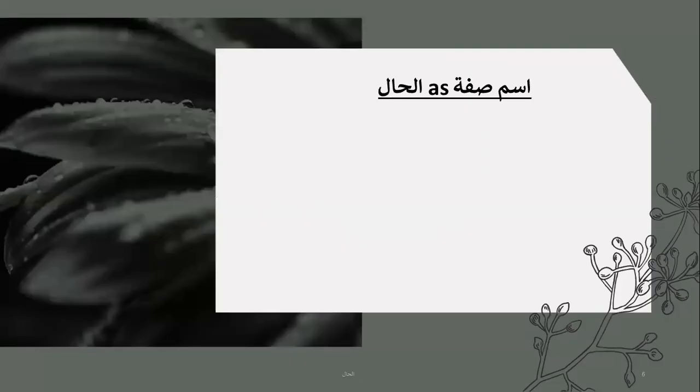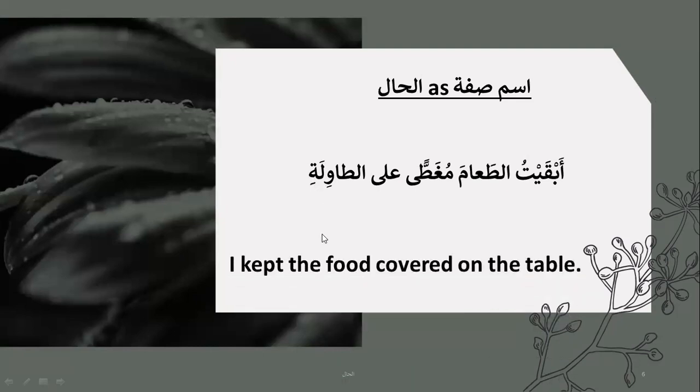Now, ism sifa. When hal is expressed as ism sifa, this is one example that I came up with. Abqaitu ta'ama mughazzan ala tawilati. Translation would be, I kept the food covered on the table. So abqaitu is the fi'l, and the fa'il is inside the fi'l, which is I. And then at-ta'ama, as you can see, this is maf'ul.